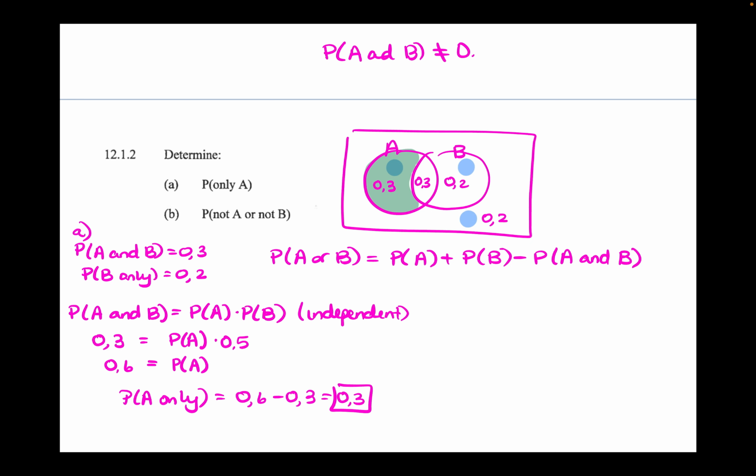But that last section, we can't say that that's not in A or not in B, so that will not be a part of our answer. So I'm going to take that out and answer part B. The probability of not A or not B is equal to 0.3 plus 0.2 plus 0.2, which is equal to 0.7. You could get that also by subtracting off that middle intersection.